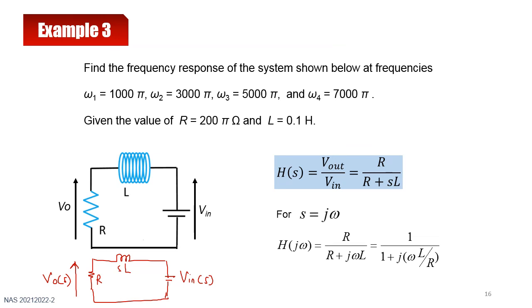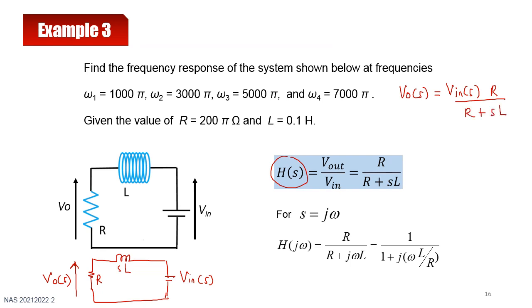As usual, to get the transfer function, H is the ratio between V out over V in. We know from the given circuit, V out S using the voltage divider equals V in S multiplied by R divided by the total impedance, so R plus SL.